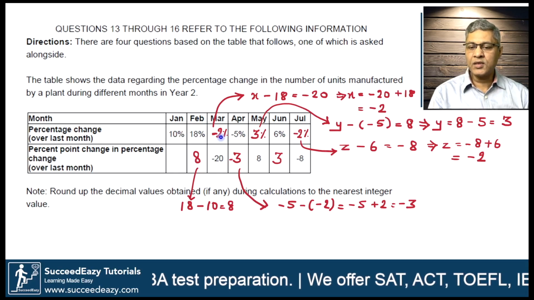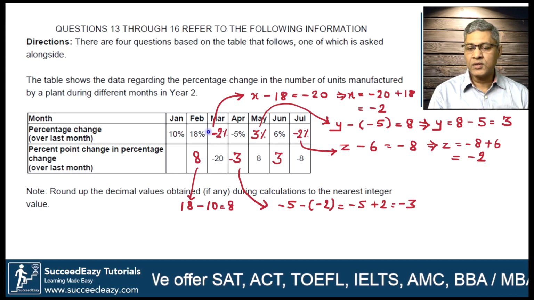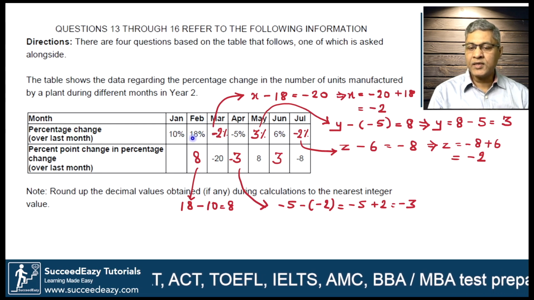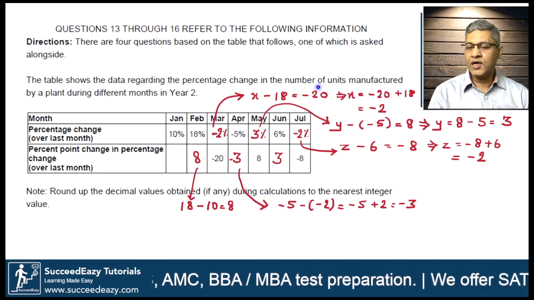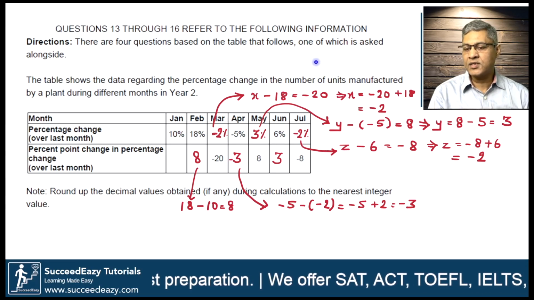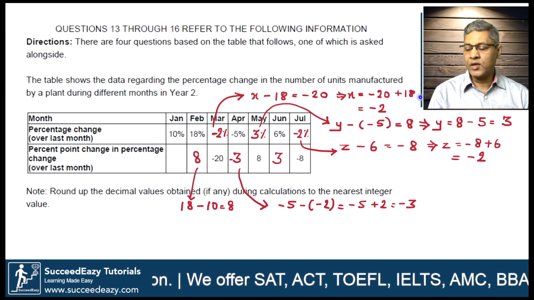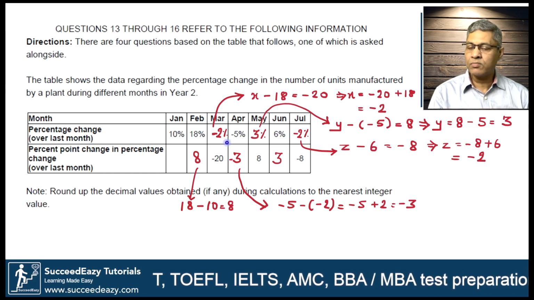You look at it this way: if this value is x, then x minus 18% would be equal to minus 20. That's the percent point change. To find x, you add 18 on both sides. Minus 18 goes to the right side and becomes plus 18. So minus 20 plus 18 gives you minus 2. Either way you get minus 2.